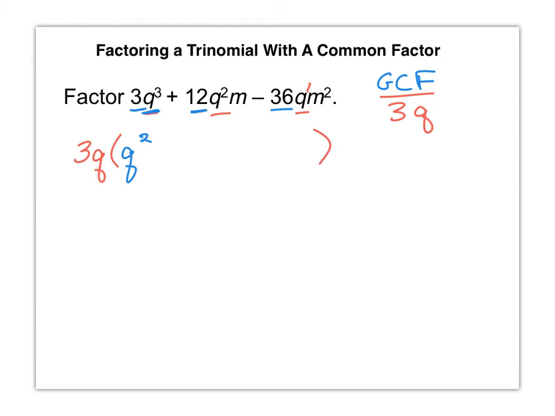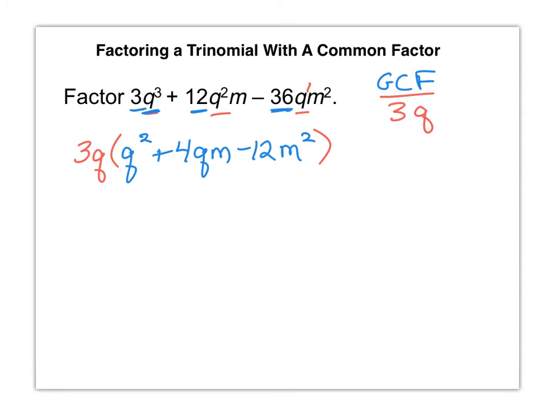And 12 divided by 3 is 4, so that's going to be a plus 4. Q to the second power divided by q is q, and m is left there. And the last term, negative 36 divided by 3 is negative 12. Q will divide out, followed by m squared.